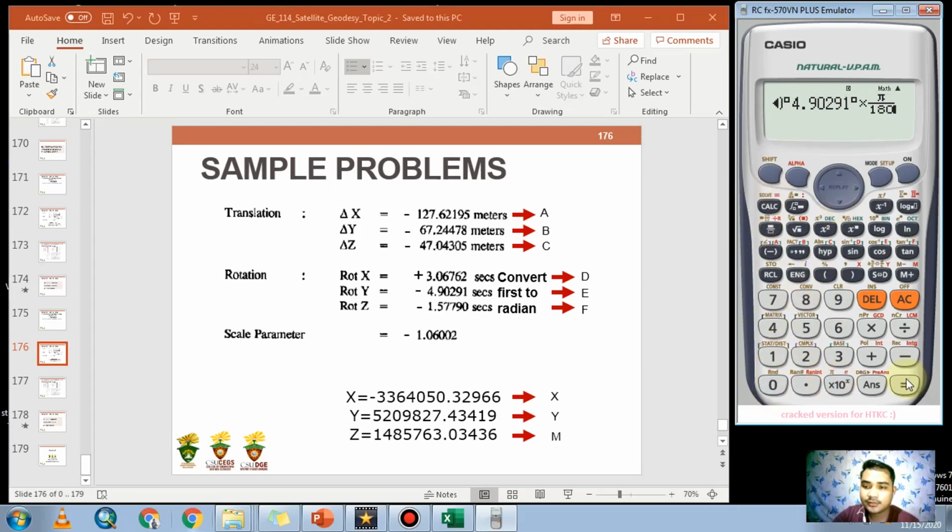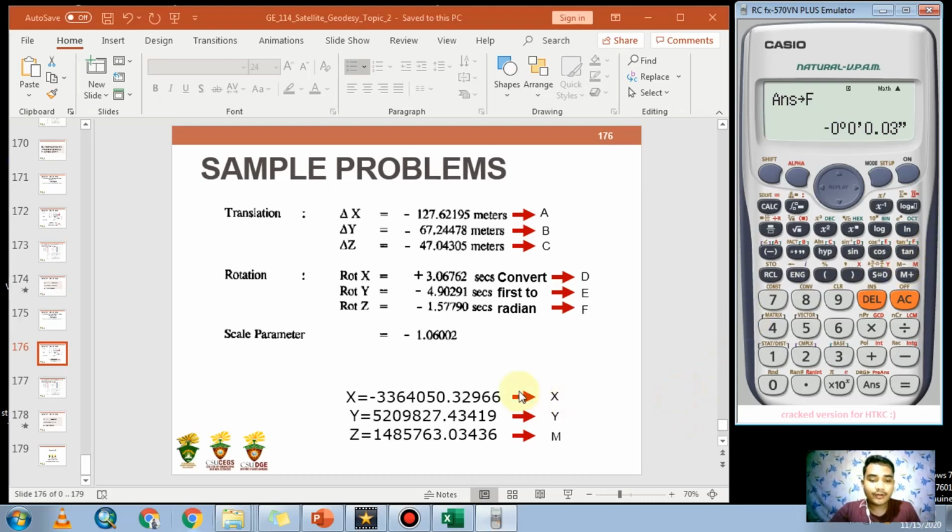So we have a value for this one, and we store it in E. Last one is negative 0 degrees, 0 minutes, 1.57790 times pi over 180 equals, the same, and we store it in memory F.